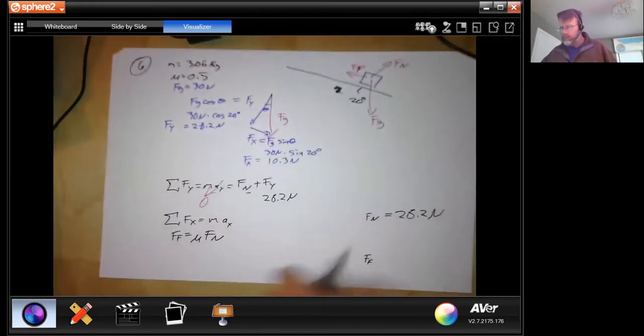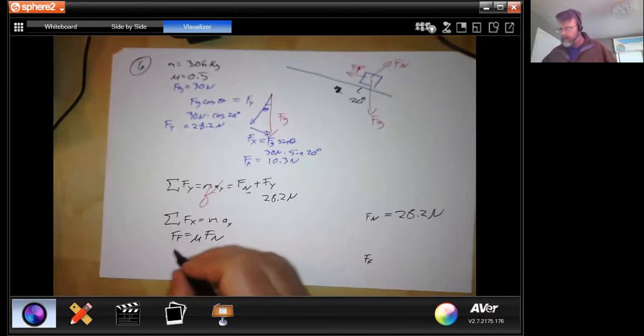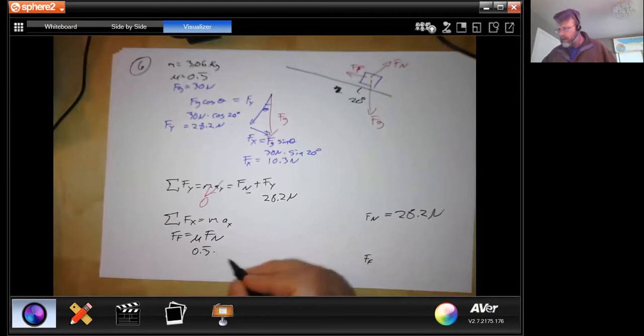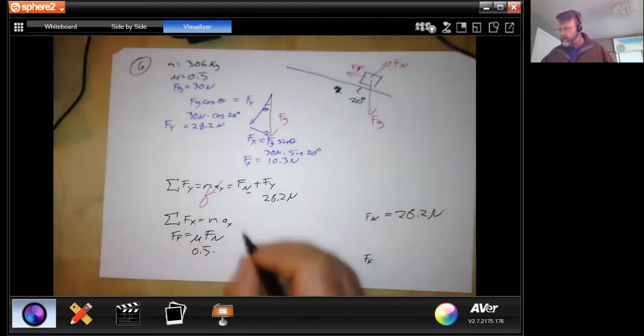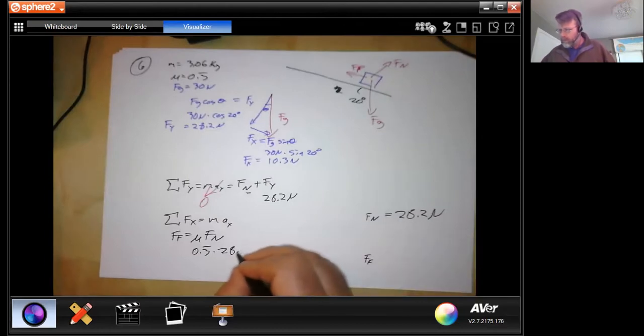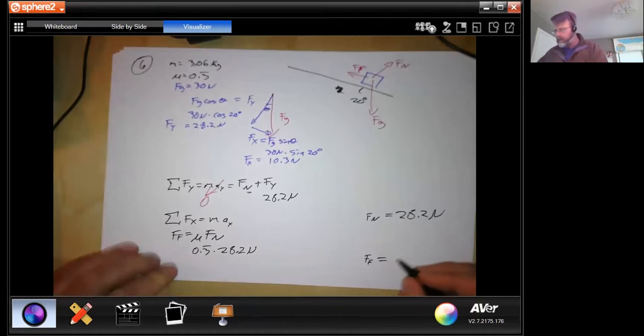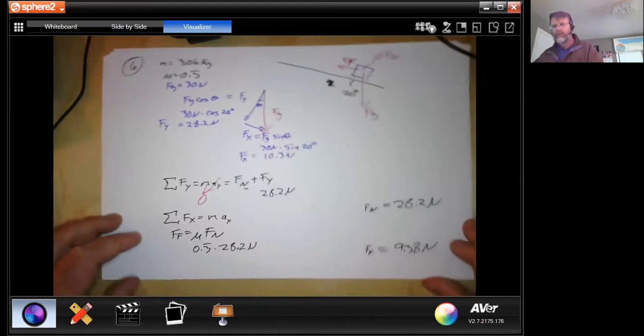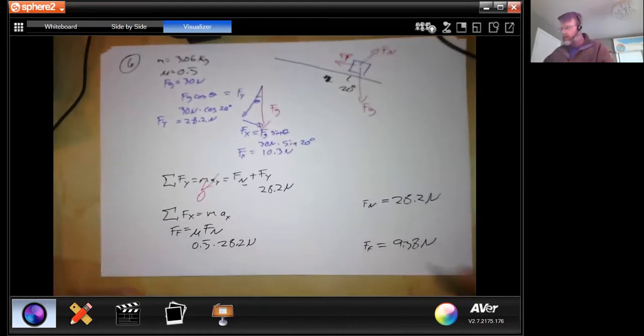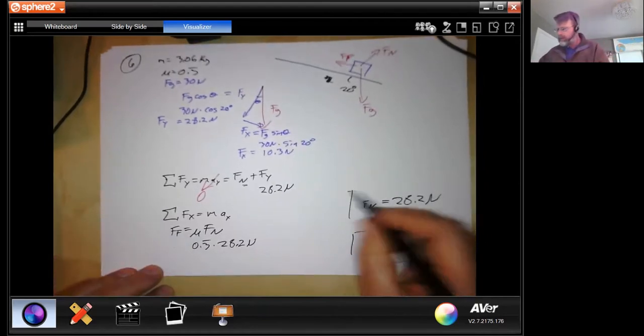Okay, so now we can take a look at mu, which was 0.3, and multiply that by our force normal. Okay, and when we do that, we get about 9.38 newtons. Okay, so that is the final answer.